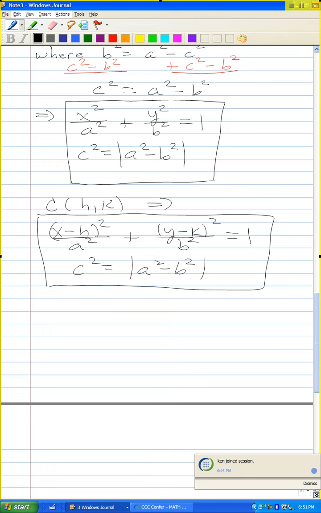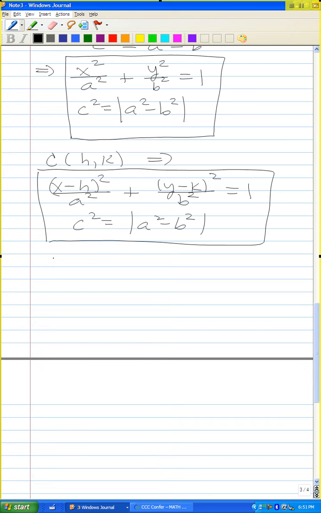Okay, so examples of where you would see these. Suppose that you have, let's do the sun again, and suppose you have something in orbit around it, like the Earth.